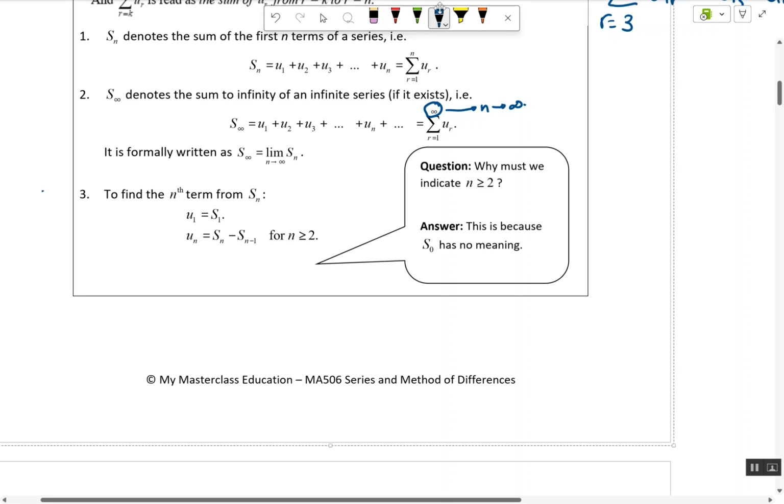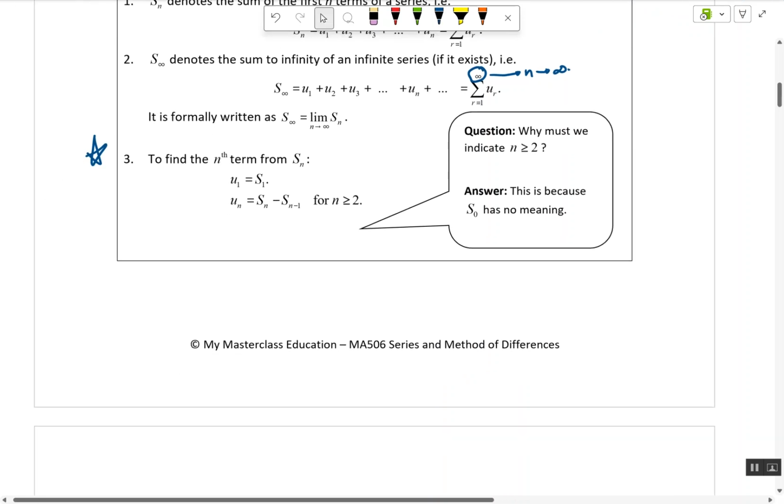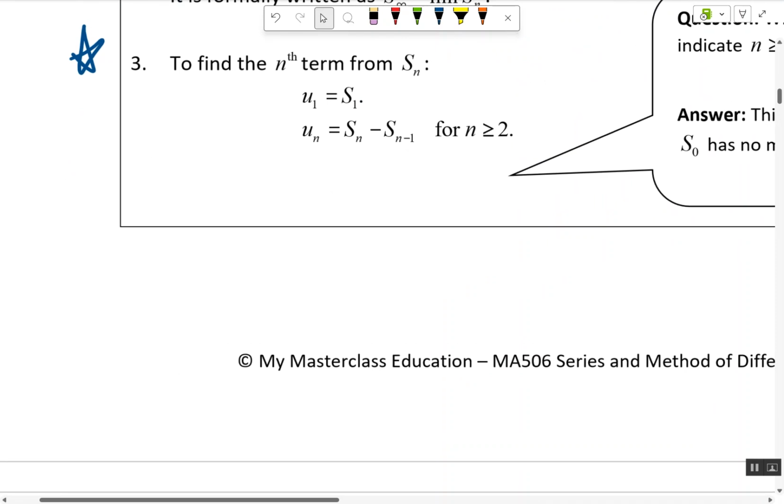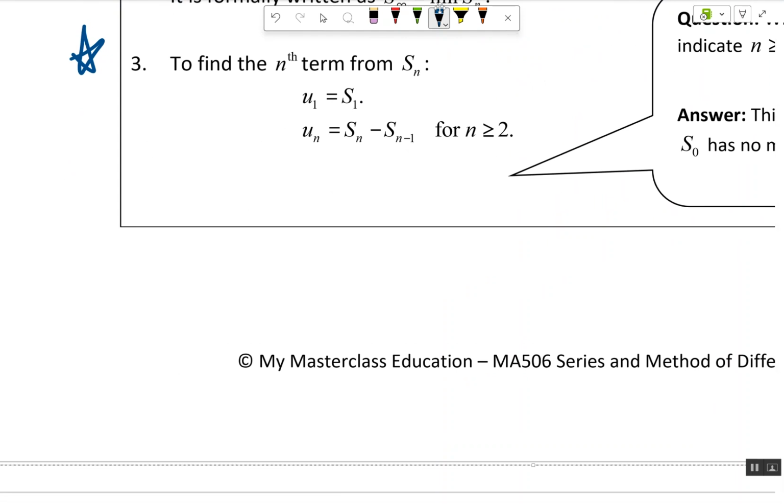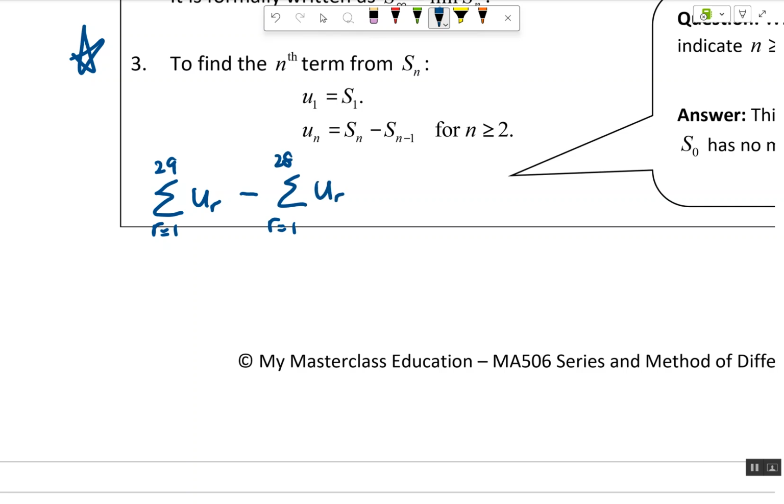This number 3 is very important. U1 is the same as the sum of one term. This we already covered in the previous chapter. So to get Un is the sum Sn minus the sum Sn-1. It's the same thing as, for example, if I have the sum from r equals 1 to 29 of Ur, minus the sum from r equals 1 to 28 of Ur. What am I getting?